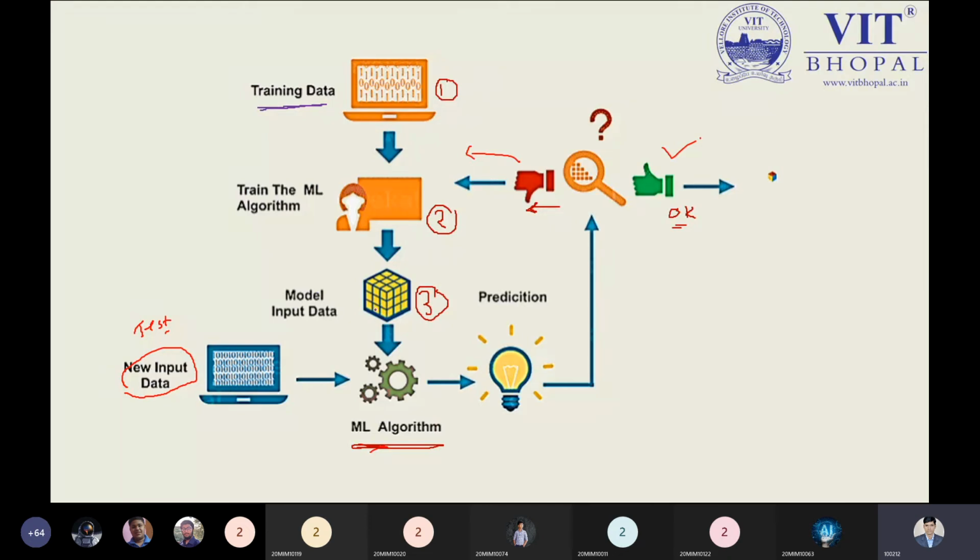Now the model is built, and here we have the machine learning algorithm. If I give some testing data or new data to my system, then with the help of the machine learning approach, I will predict whether my prediction is right.